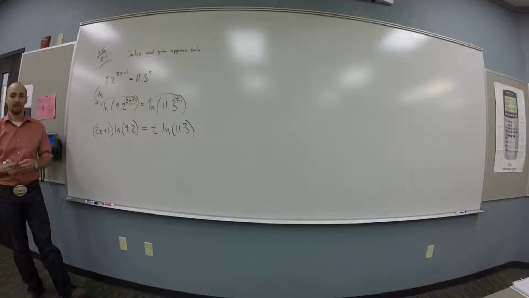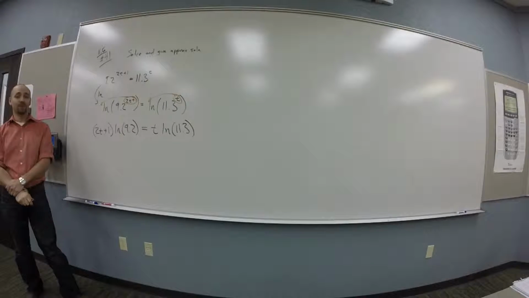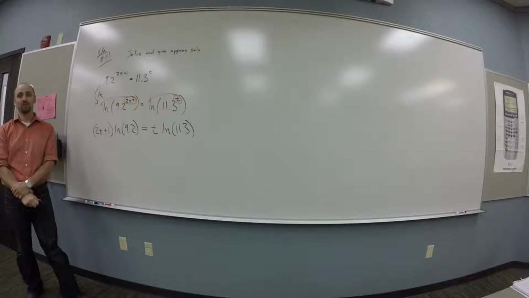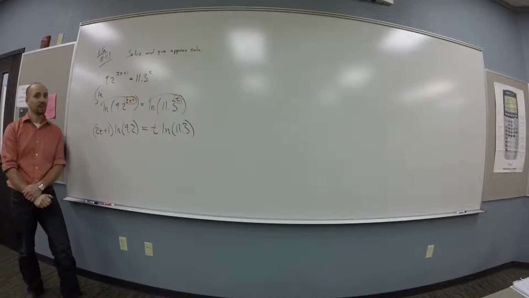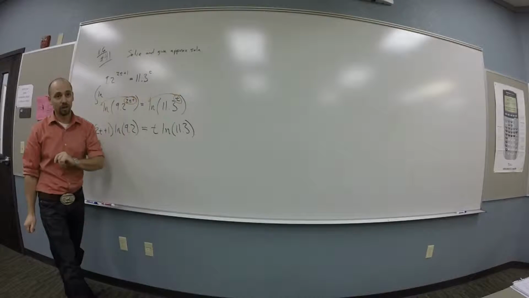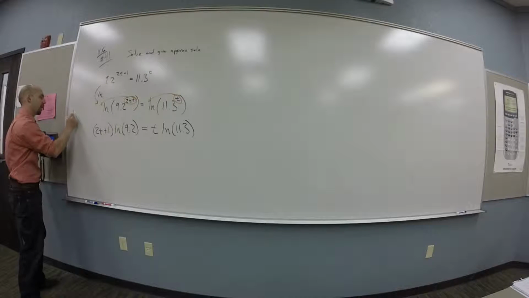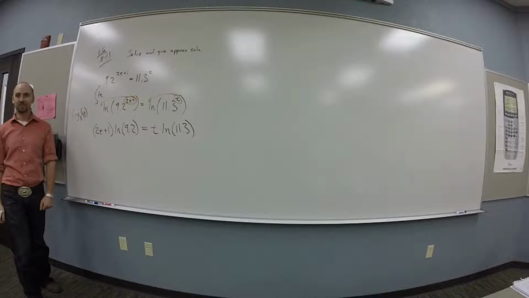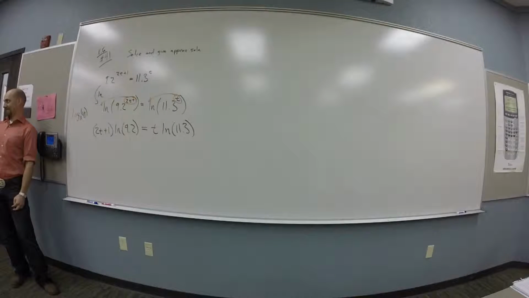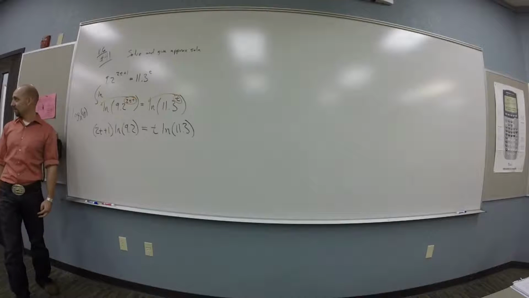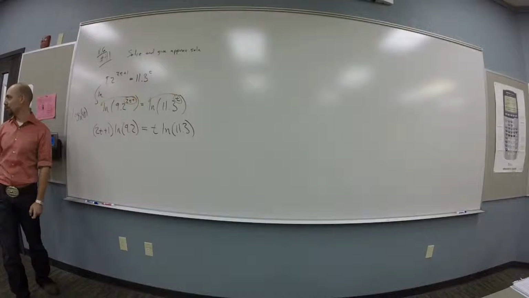Why didn't we take the logarithm base 9.2 from the beginning? My calculator doesn't have a log base 9.2 button, and they want me to approximate this solution. If you know how to use the log base button on your calculator, awesome, then by all means take a log base 9.2 of both sides.